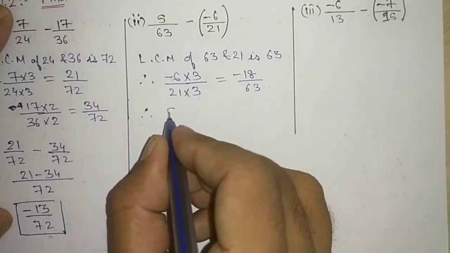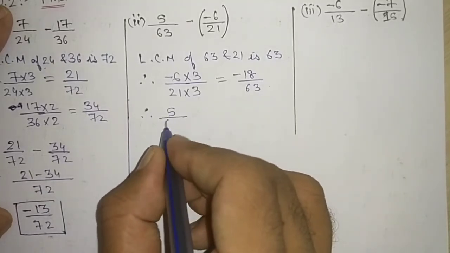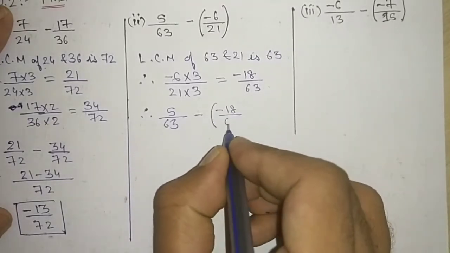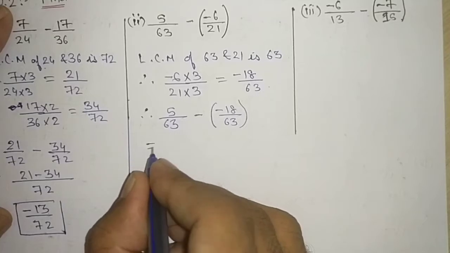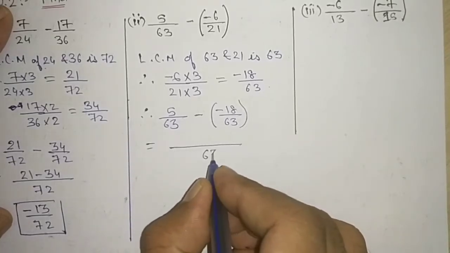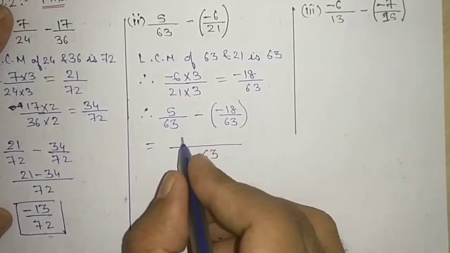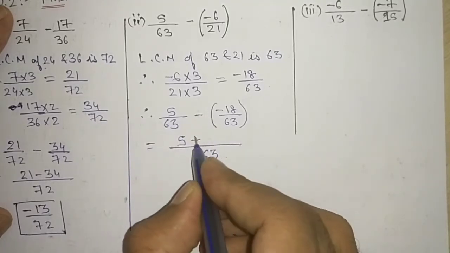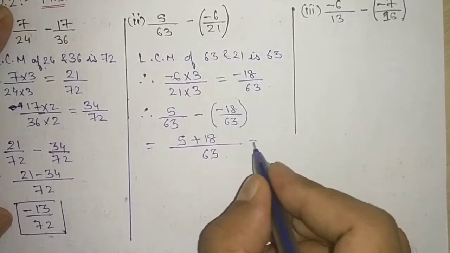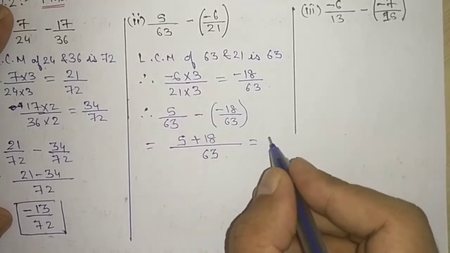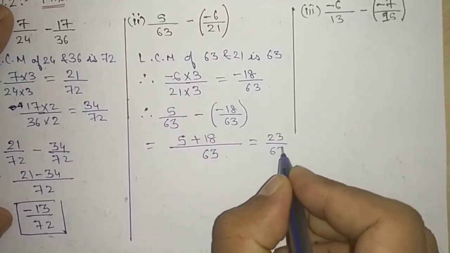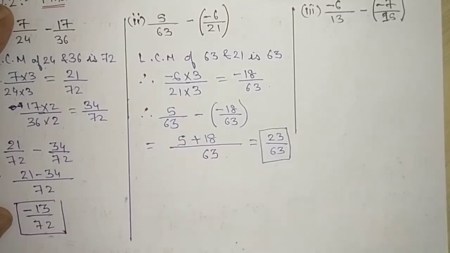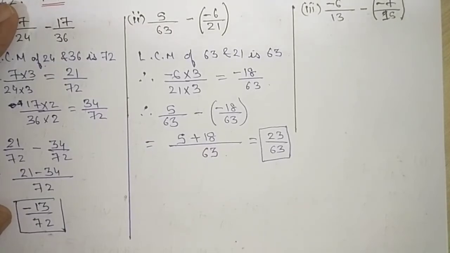Therefore 5 by 63 minus minus 18 by 63 is equal to: the denominator will remain 63, and the numerator is 5, minus into minus will become plus 18. So our answer will be 18 plus 5, which is 23 divided by 63. We can't cancel out, so our number will be 23 divided by 63.